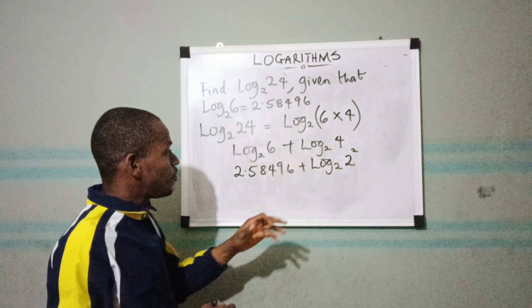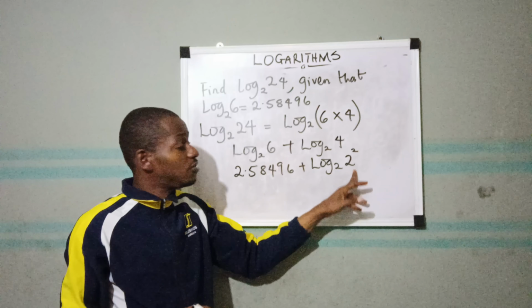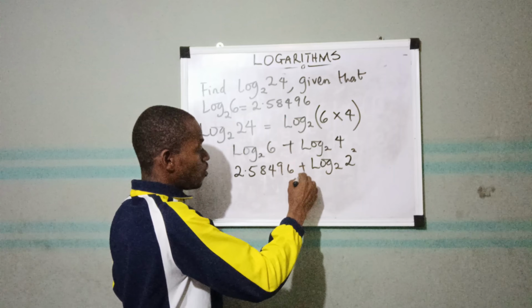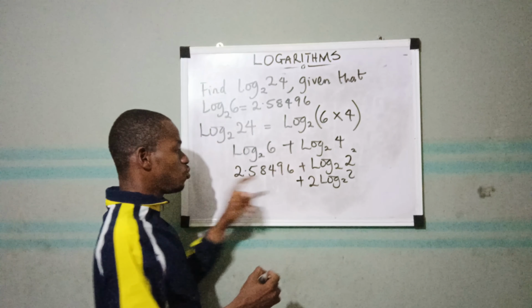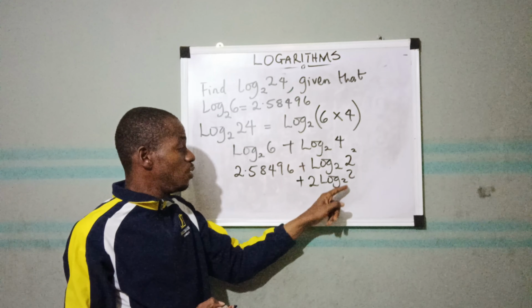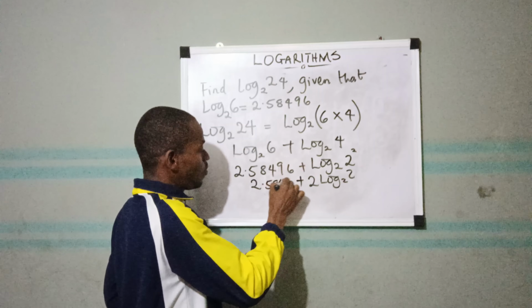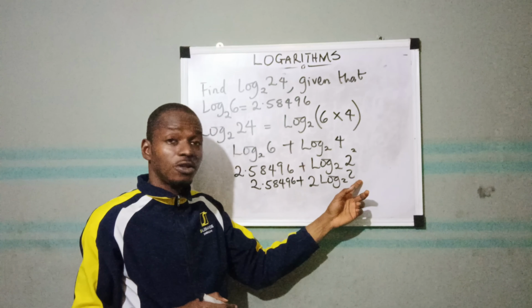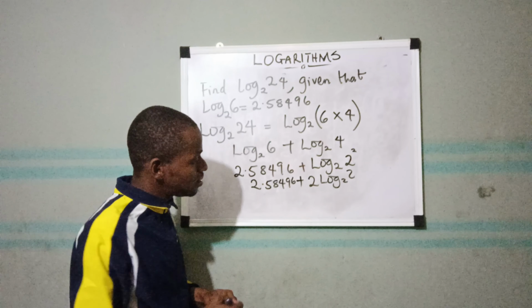And from our log laws, I think the third law, when you have a scenario like this, a power is the same thing as putting the power in front. So this is plus 2 log 2 base 2. That's 2 times log 2 base 2, plus 2.58496. And when you have the logarithm of a number to the same base, it's the same thing as 1. I think the fourth law.